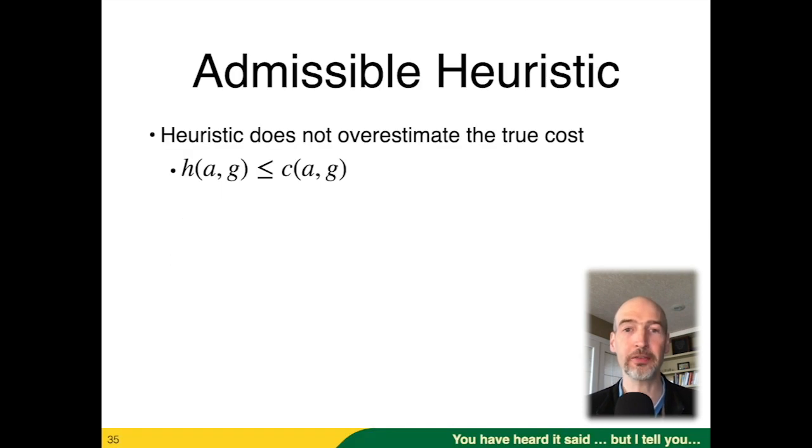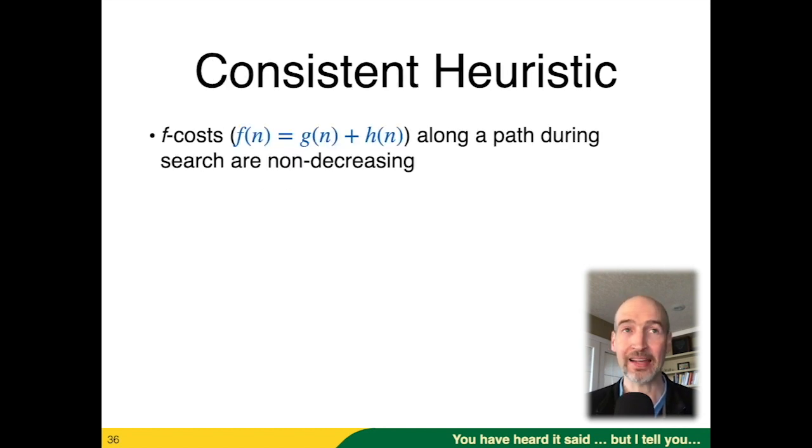So we're going to look at our definition of heuristics to get started here. A heuristic is admissible if it does not overestimate the actual cost between two states. So if I'm trying to get from A to the goal, my heuristic must be less than or equal to the cost of the actual path from A to the goal. A consistent heuristic is a little bit tighter of a definition.